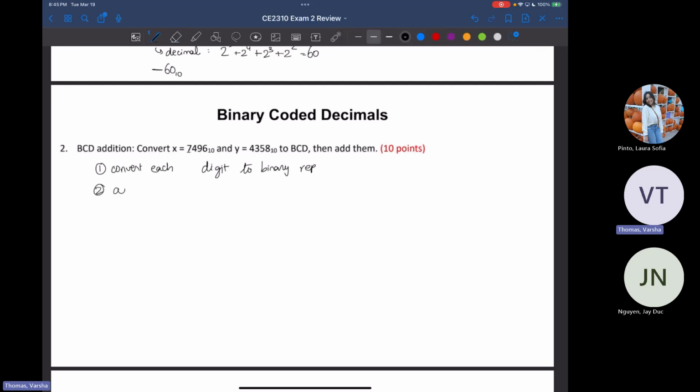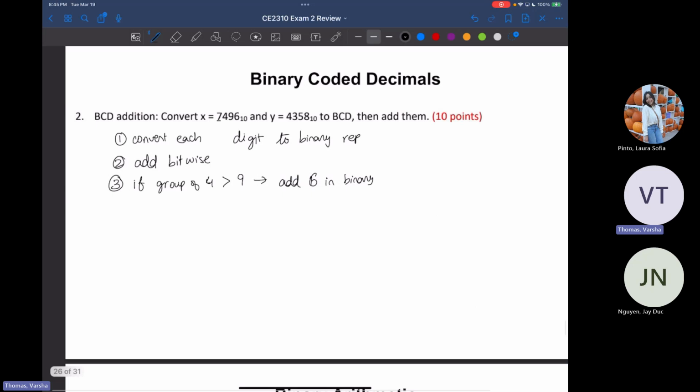Then you add each of them bitwise. And then if your sum for a group of 4 bits is greater than 9, then you have to add 6 to it, 6 in binary. Okay, so we're going to see that.